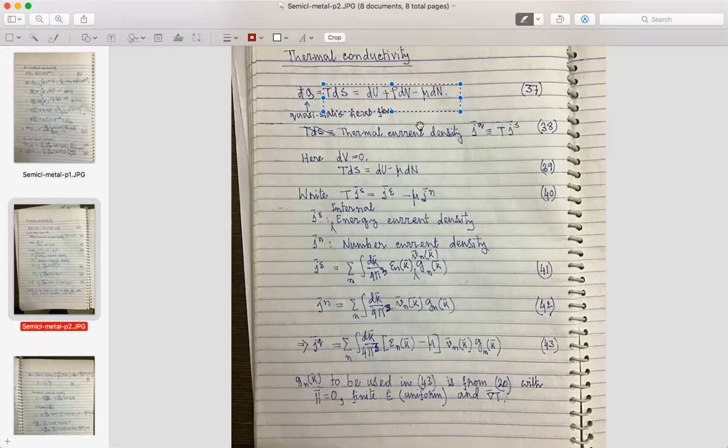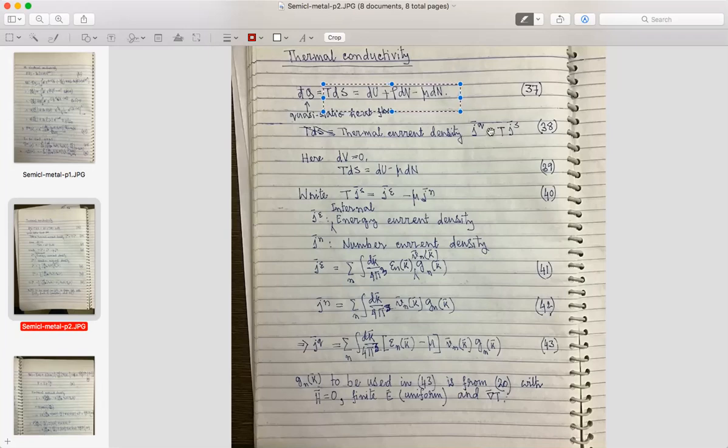And there could be dN. Electrons could be coming in, going out, and so on. So dN could be related to the number current, the number of electrons flowing.